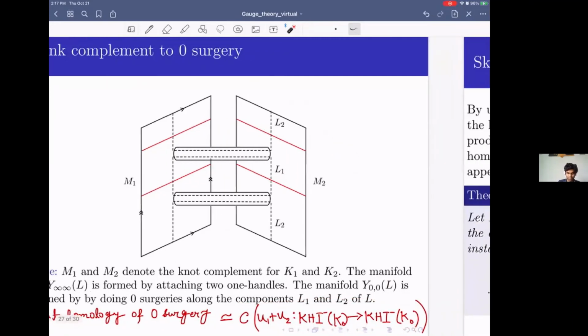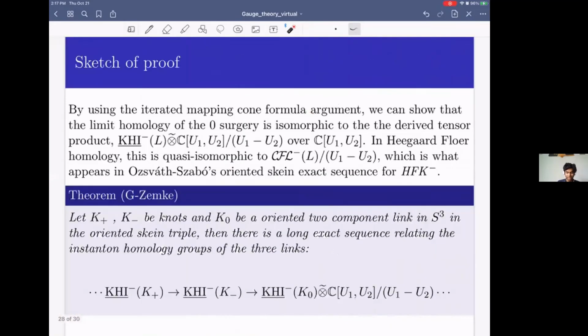So by this iterated mapping cone formula argument, we can again deduce the same thing: that this third term in the oriented skein triangle is the derived tensor product of KHI minus of L with C adjoint U1, U2 modulo U1 minus U2, over C adjoint U1, U2.